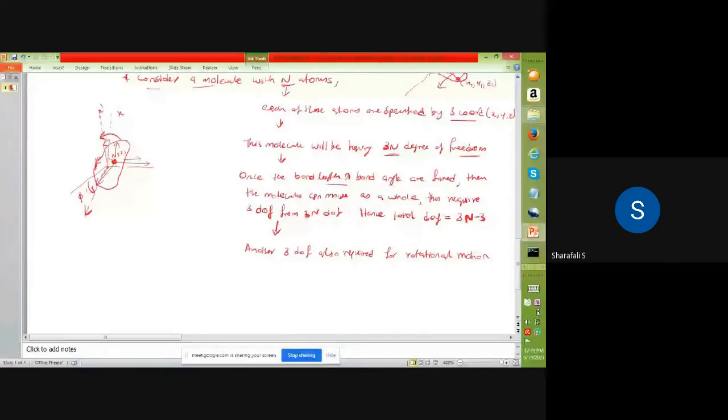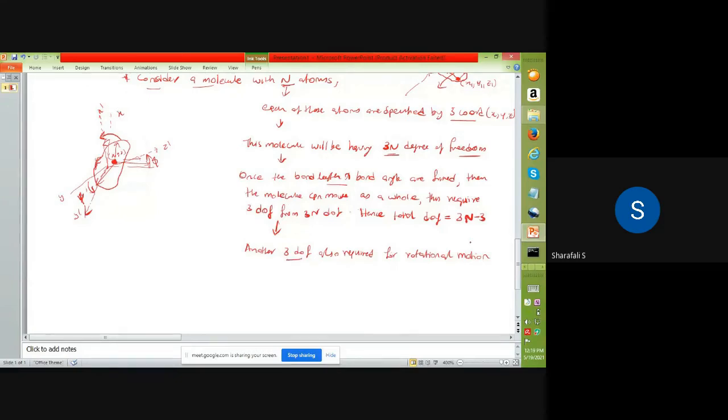So along with this translational motion, we can also have the rotation of this rigid body or molecule, and x can change to x dash, y can change to y dash, and the z axis can change to this z dash position, with angles that can be represented as phi and psi. The exact notation is not the matter, but the importance is that there can be 3 degrees of freedom associated with the rotation of the molecule also.